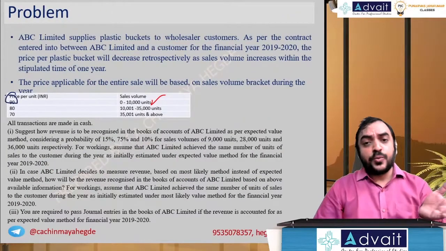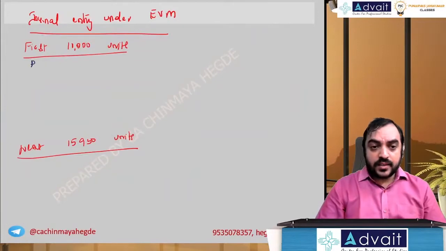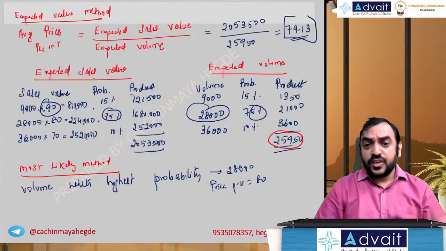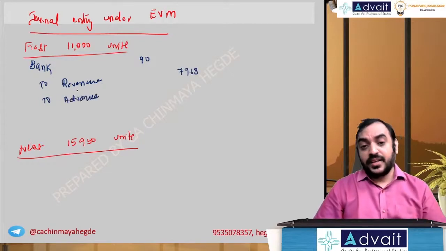But entire 90 rupees, you will not take it to the revenue. So when you write bank account, you will write 90 rupees. But to revenue, when you write, you will not take 90 rupees, you take revenue 79.13. Remaining will go to liability, or you can take it as an advance or contractual liability, something like that.